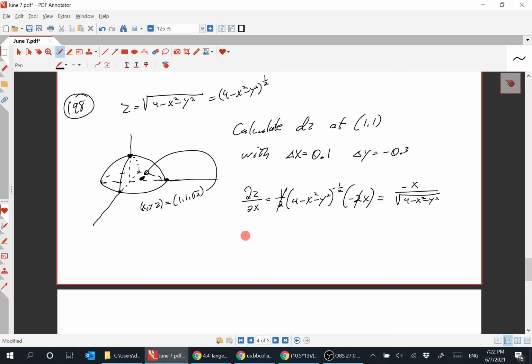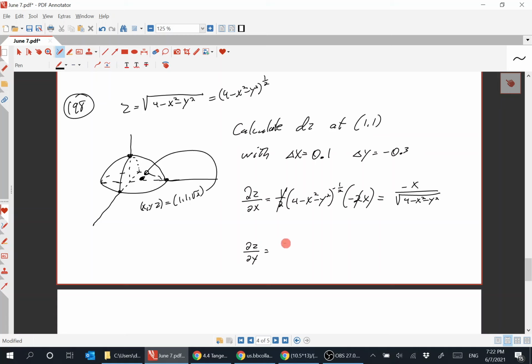And the derivative of z with respect to y, again, this function is symmetric in x and y. If I exchange x and y, I get the same function back. So the partial derivative with respect to y is the same as the partial derivative with respect to x, just exchanging x and y.